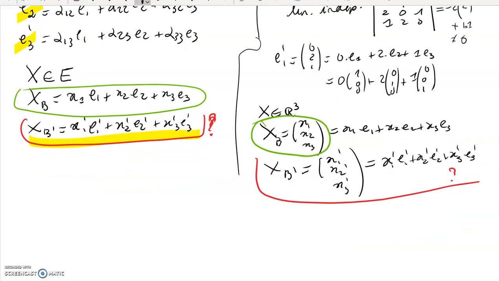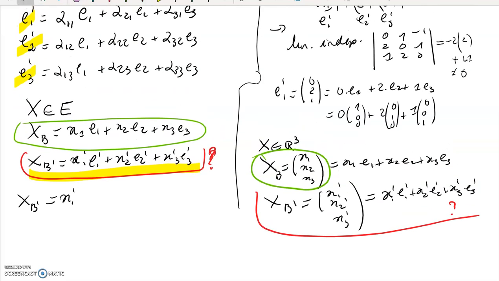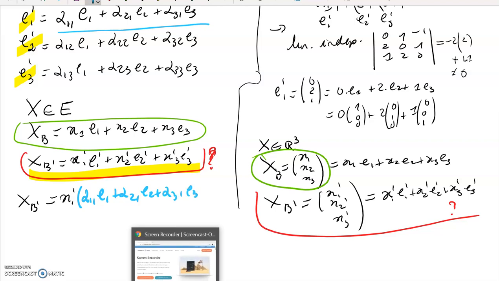So what does it mean? If I keep on writing that, I get x in basis B is equal to x1 prime, and I'm going to use the expression of e1 prime as a function of the old basis vectors, times alpha 1 1 e1 plus alpha 2 1 e2 plus alpha 3 1 e3.